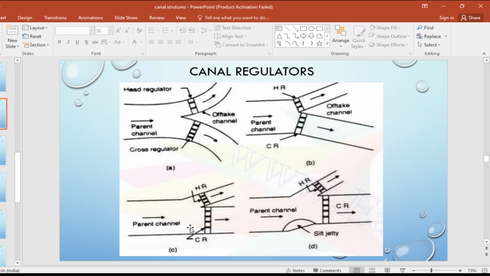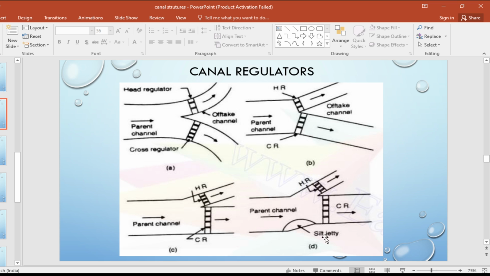Here in figure C, you can see that they have considered the edges. Here the edge is considered for deciding the angle rather than the center of the parent channel.